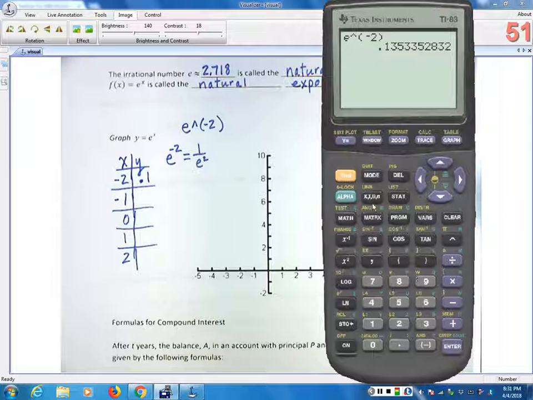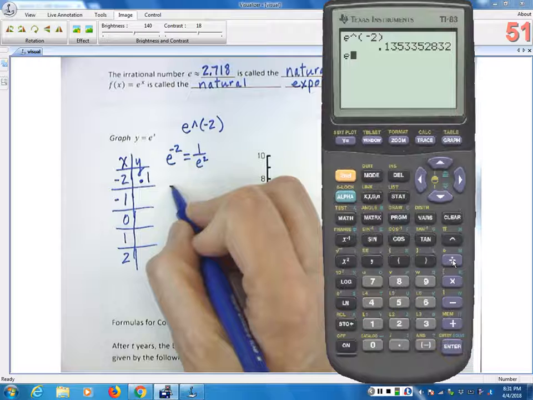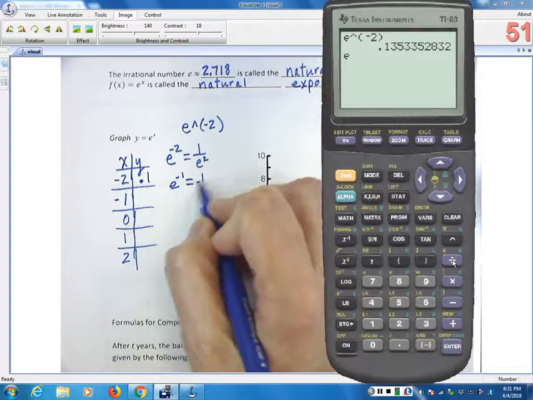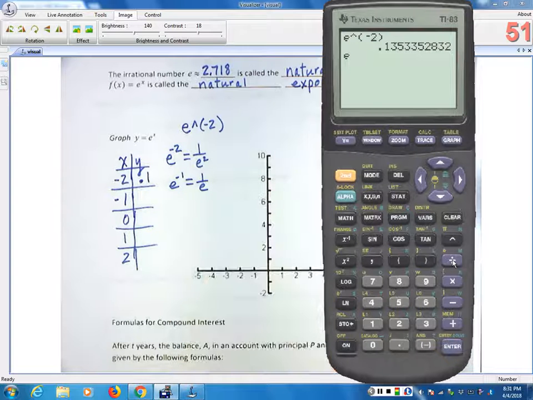Or we also have a second e. The divided by sign is also e, but it's not raising it to something. So we got e to the -1 is 1 over e. So you either do e to the -1, which is more work, or you do 1 divided by second e.